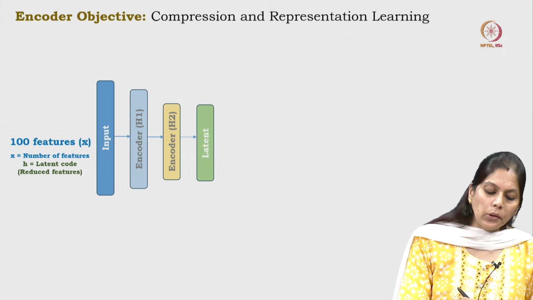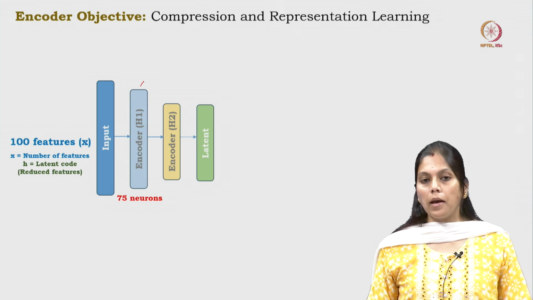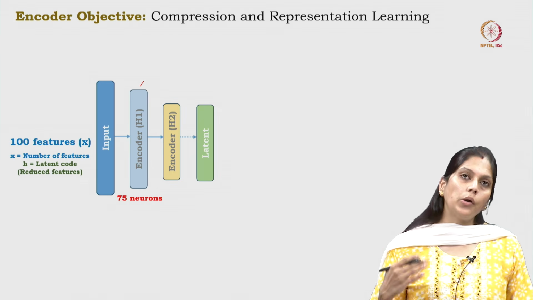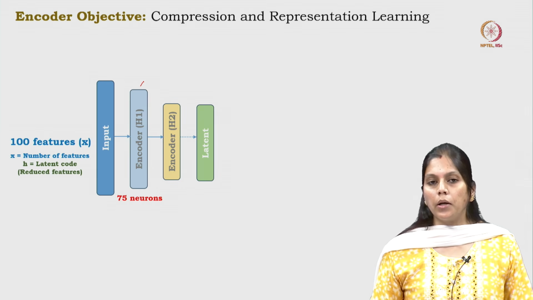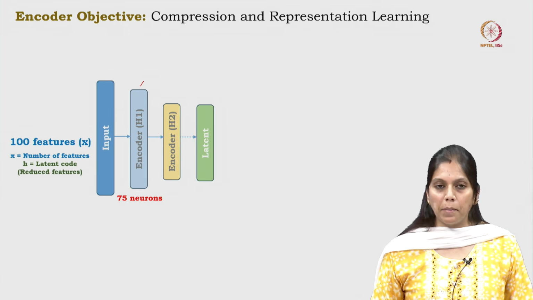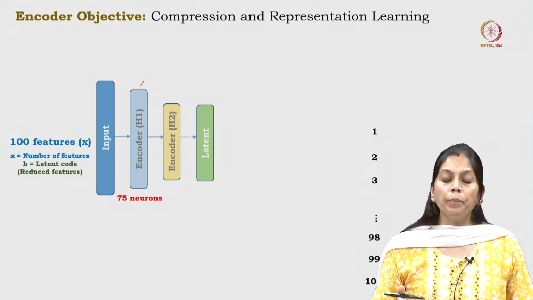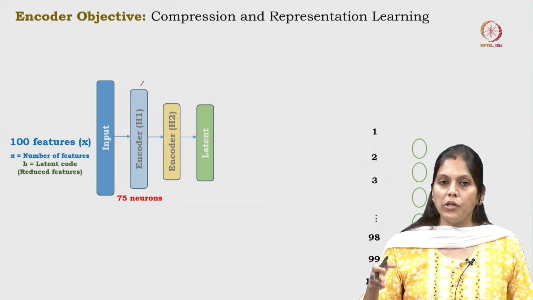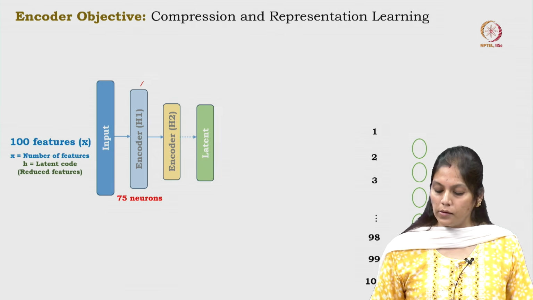Let us assume this is the first hidden layer, and in this first hidden layer there are 75 neurons. Can you recall from the deep learning concepts how we construct a multi-layer perceptron? We have 100 features here, and these 100 features are now passed to 75 neurons.